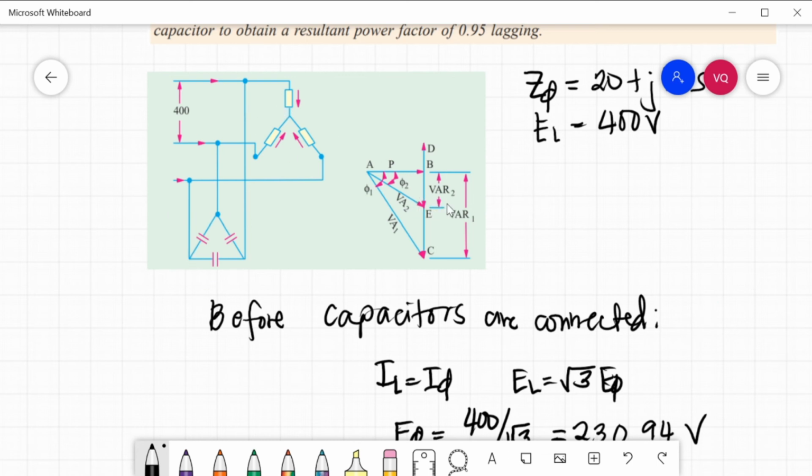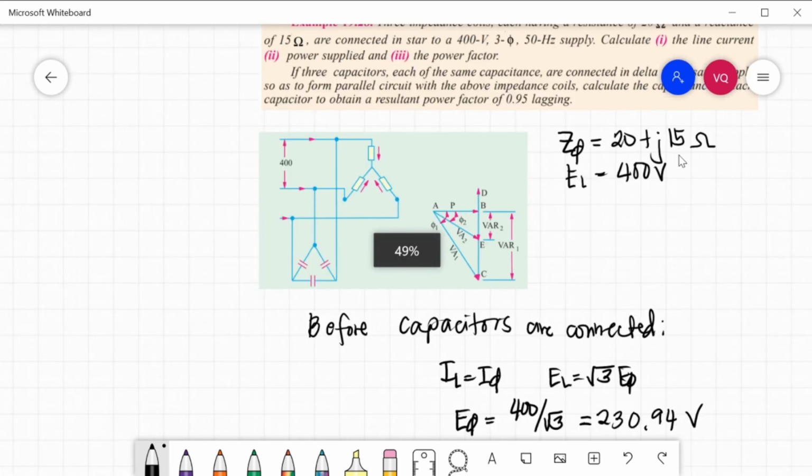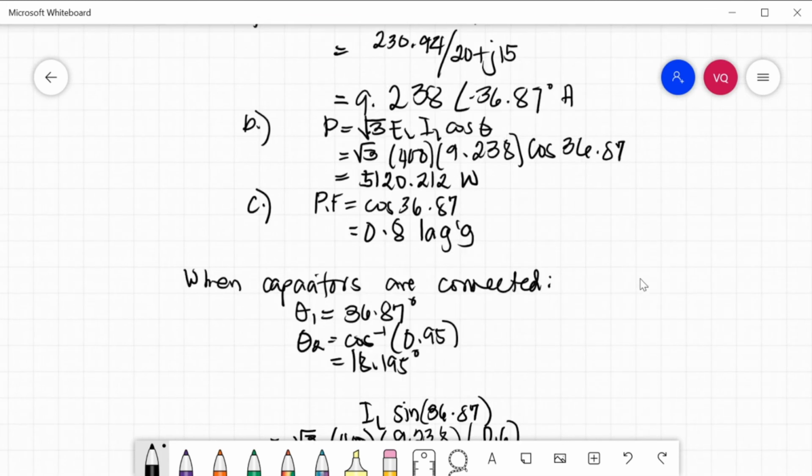We need to solve the var 1 and var 2, and the difference of these two is the reactive power of the whole capacitor. So this is the formula.